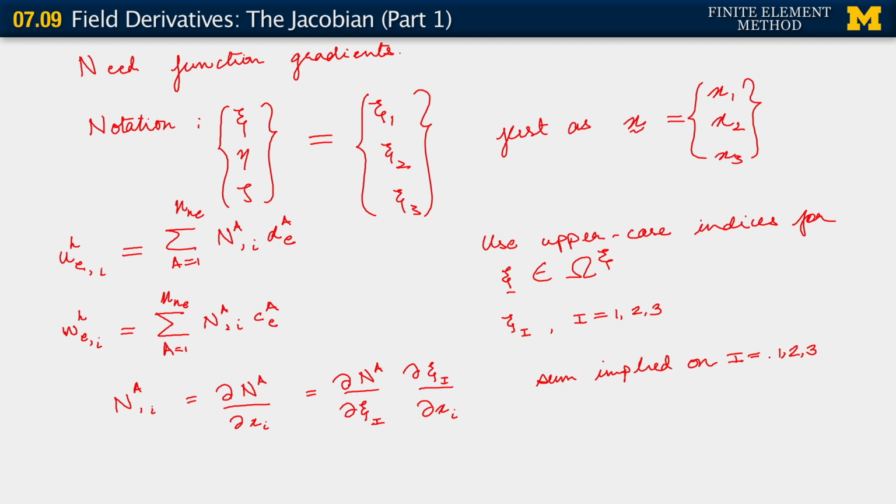Now this is straightforward for us to calculate, and I'm actually not going to write it out again, because we know each of the N A's in terms of the corresponding xi 1, xi 2, xi 3, which were formerly our xi, eta, and zeta.